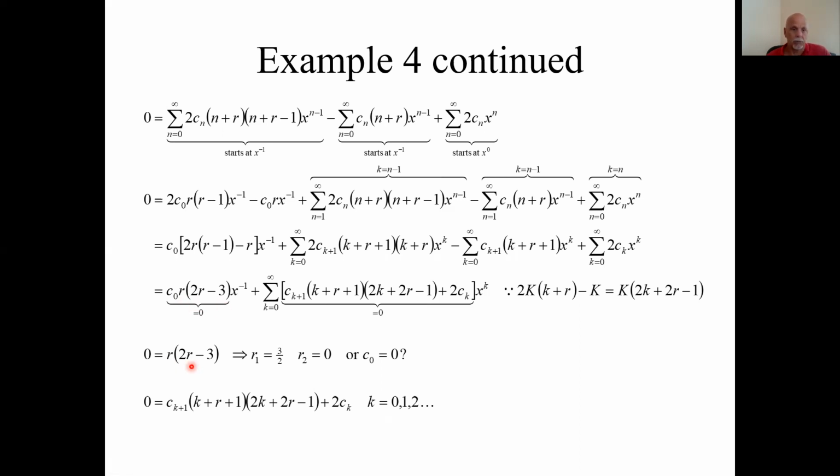It has two roots. r can be 3/2 or 0. We call the larger one r sub 1, larger meaning further to the right on the real line, and the smaller one r sub 2. These are called the indicial roots. This other term will give us a recursive relationship.